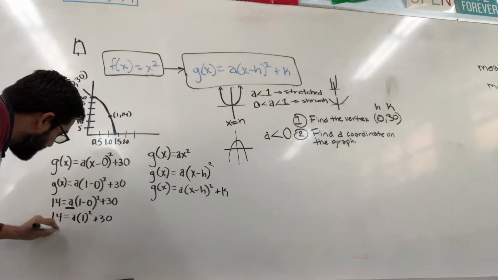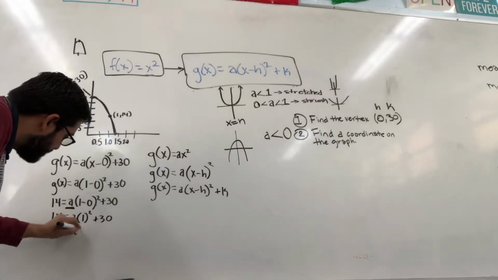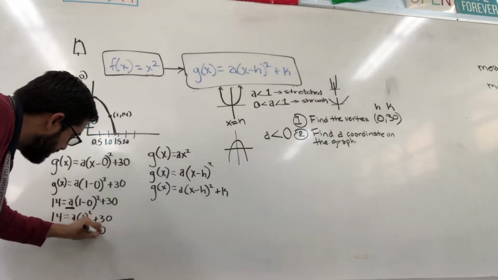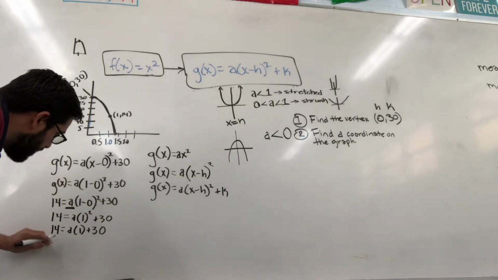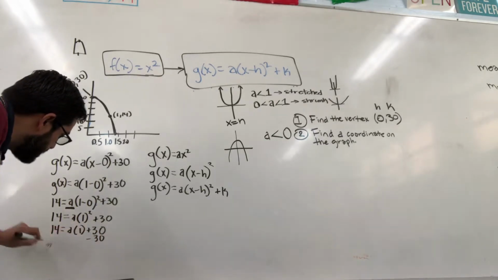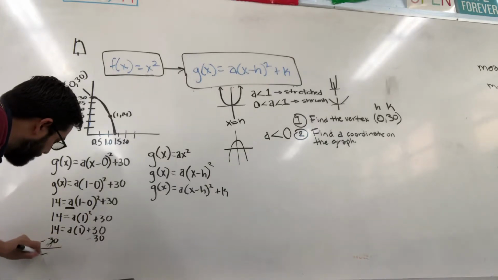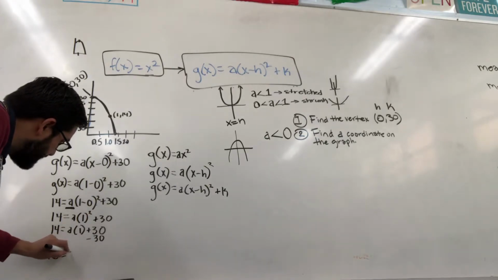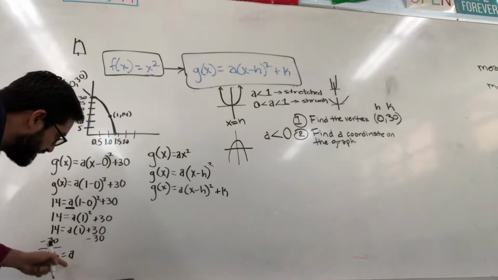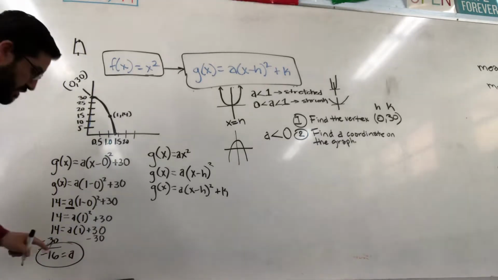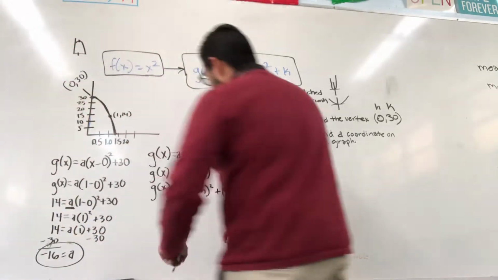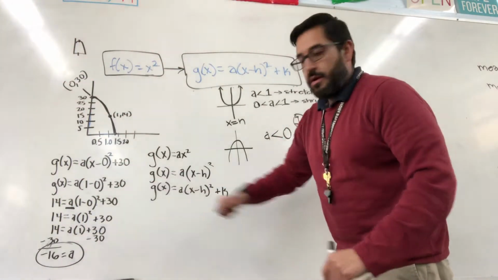Okay, so that means that 14 equals A times 1 plus 30. I'm going to subtract 30 from both sides. So negative 16 equals A. A times 1 is A. So this is going to be my A value, and I can plug that in right here.